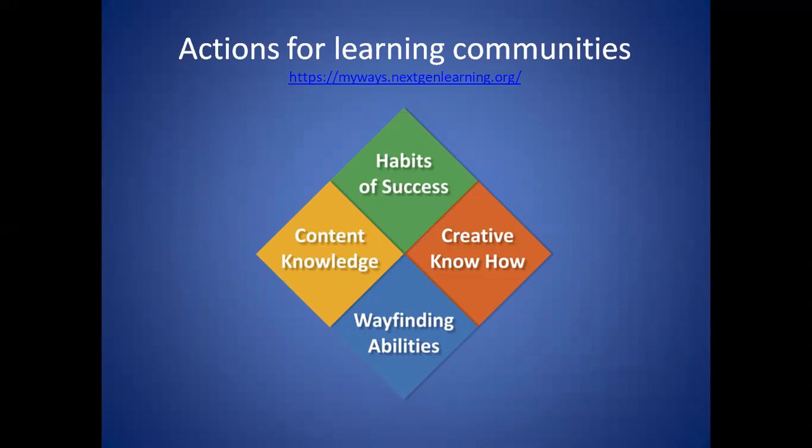I like the bottom one, wayfinding abilities. It grows wayfinding abilities, finding a way to meet challenges, finding the language, finding the expertise, finding the skills, finding the friends, finding the support that you need, that the students need to continue in their journey on their goal, to set their goals.